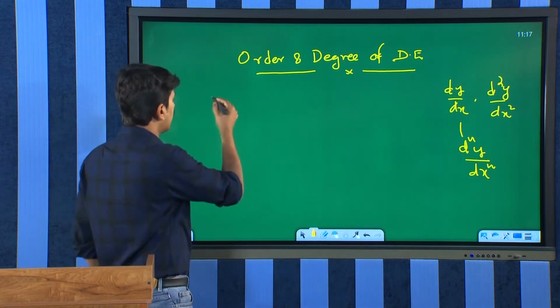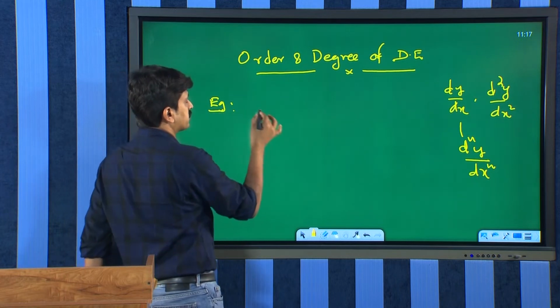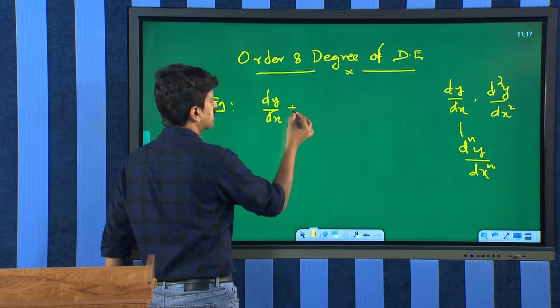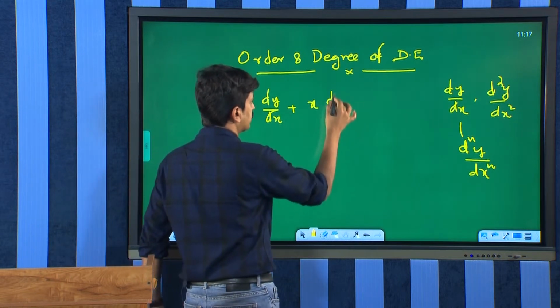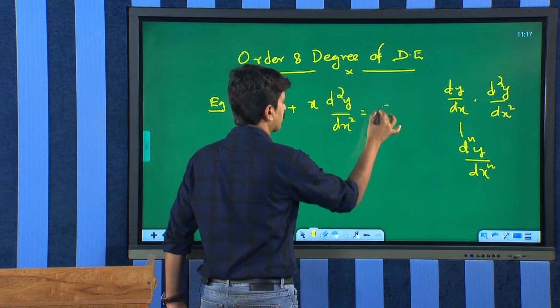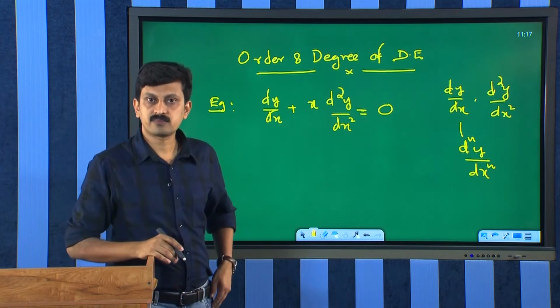Now see the differential equation dy by dx plus x into d square y by dx square is equal to 0. See, this is the differential equation.